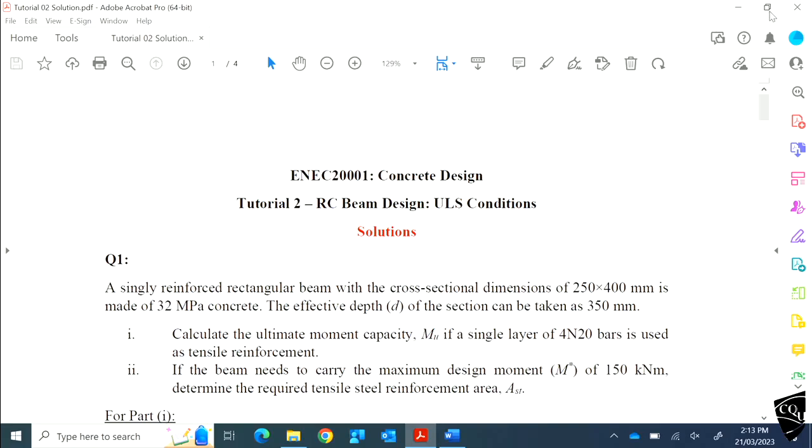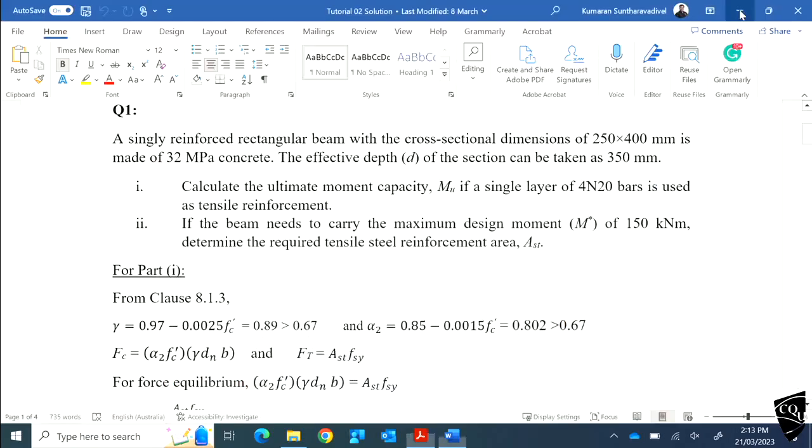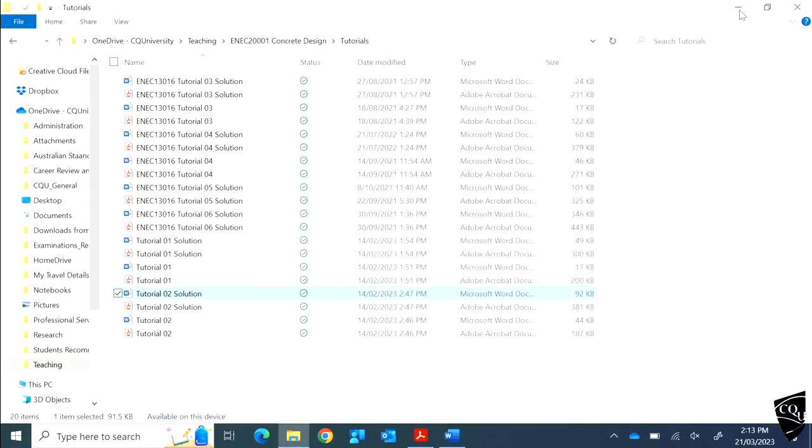You should be able to do it both ways. First we will do the rectangular section, then we will look at some complicated cases.